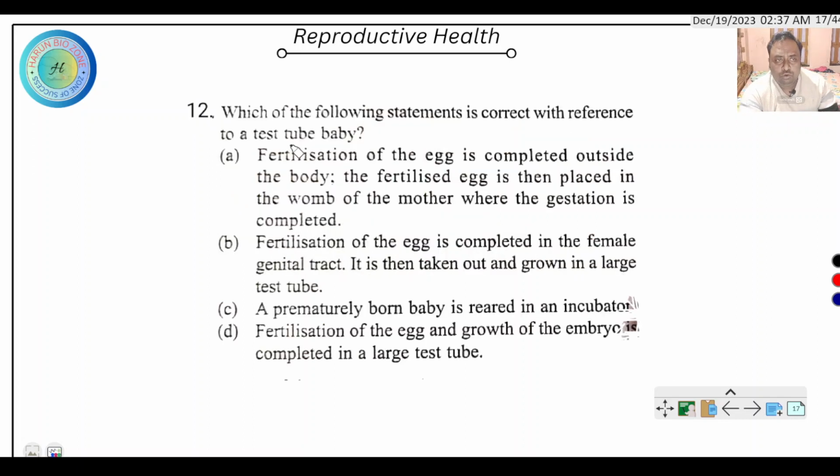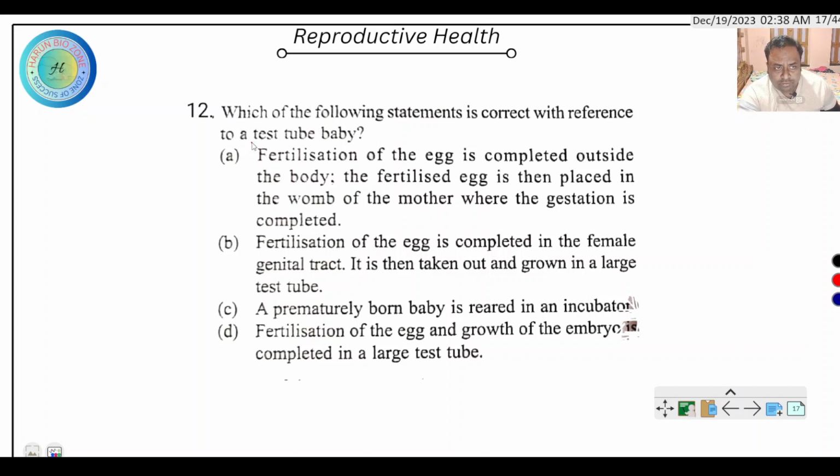Next question is, which of the following statements is correct with reference to a test tube baby? Fertilization of the egg is complete outside the body. The fertilized egg is then placed in the womb of the mother where the gestation is completed.